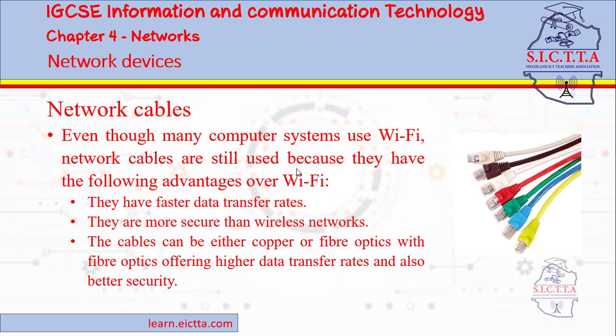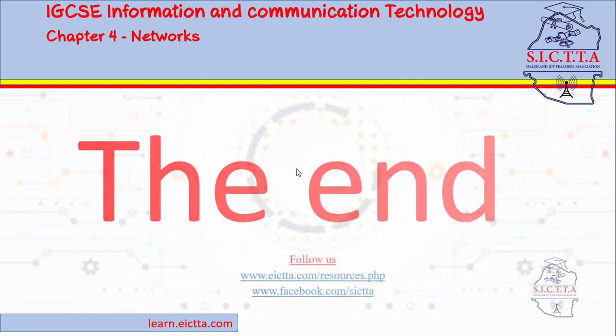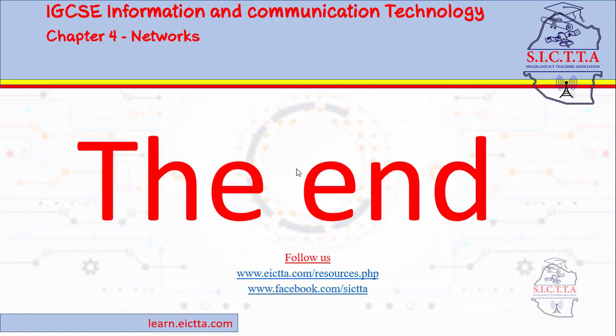They have faster data transfer rates. They are more secure than wireless networks. The cables can either be copper or fiber optics, with fiber optics offering very high data transfer rates and also better security.